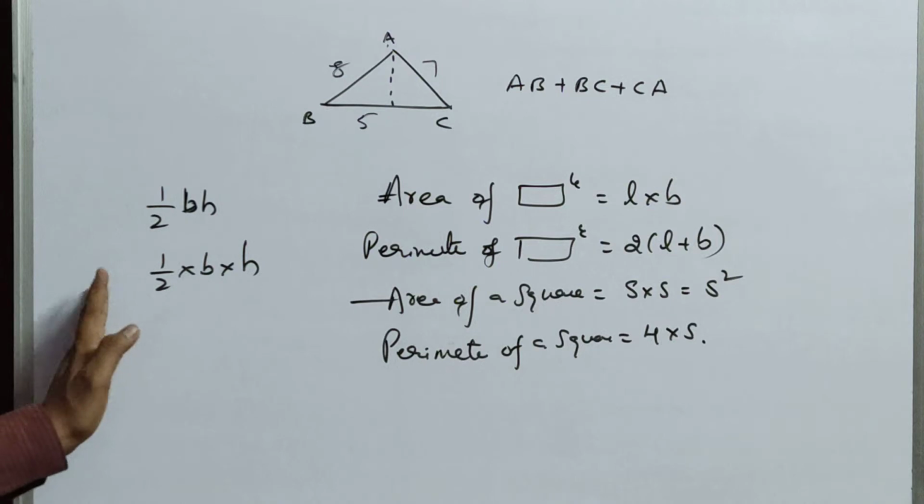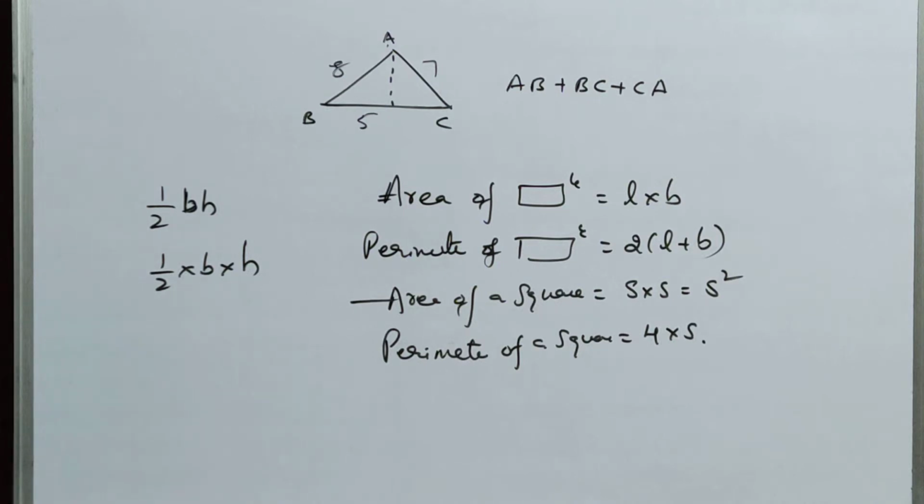Now based on this, exercise 2.1 fourth sum. Read the question at least twice, children, while doing any problem. Page number 31, exercise 2.1, fourth question. A rectangular sheet of paper is 12 1/2 centimeters long and 10 2/3 centimeters wide.